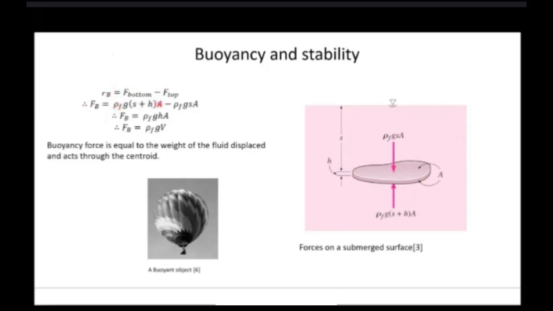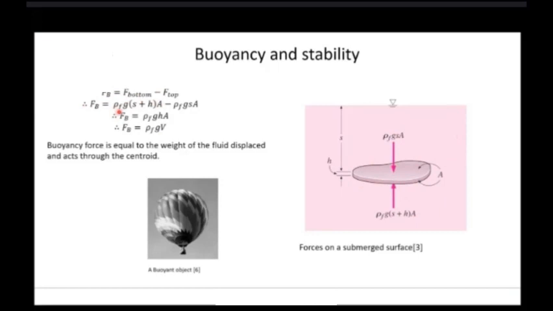So the force on the bottom of the plate is our pressure times our area. Now, the pressure on the bottom of the plate is given by rho g h, rho being the density of the fluid, g being gravity, and h being the distance from the top surface.